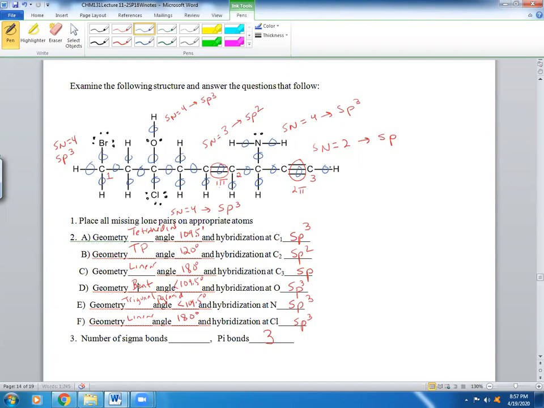Got to do that sometimes. 1, 2, 3, 4, 5, 6, 7, 8, 9, 10, 11, 12, 13, 14, 15, 16, 17, 18, 19, 20, 21, 22, 23, 24, 25.